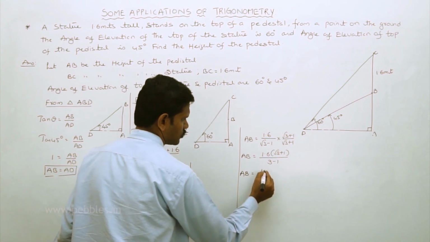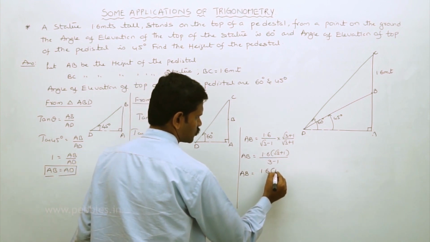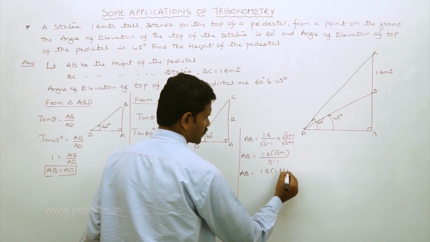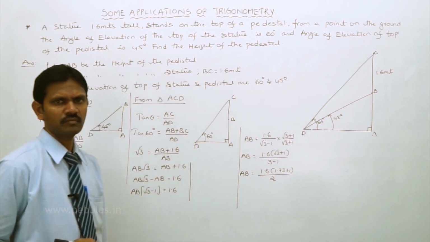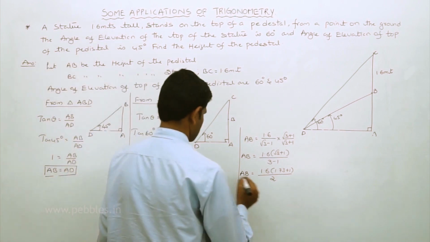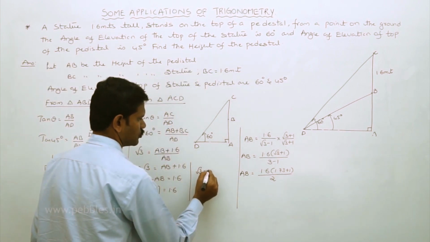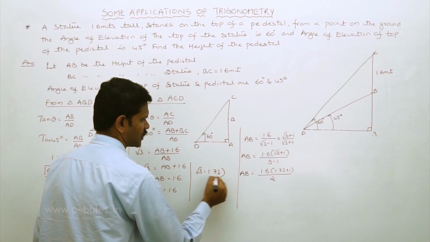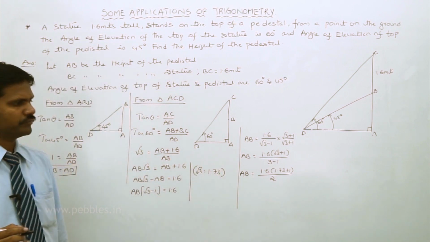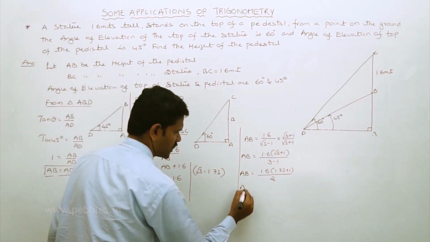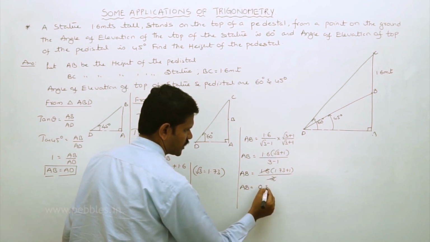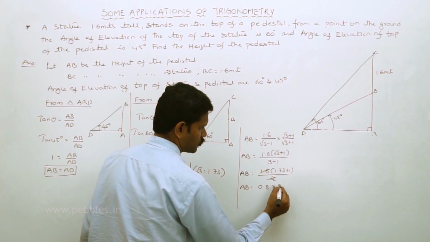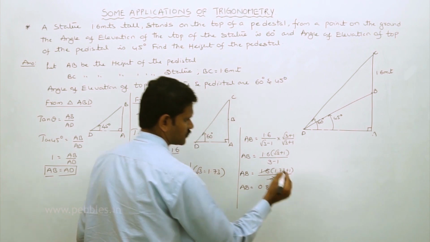AB is equal to 1.6 into 1.73 plus 1 by 2, since root 3 is approximately 1.73. That is AB is equal to 0.8 into 2.73.